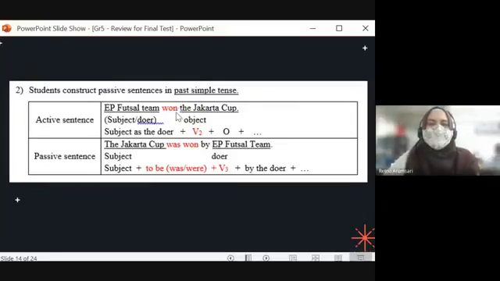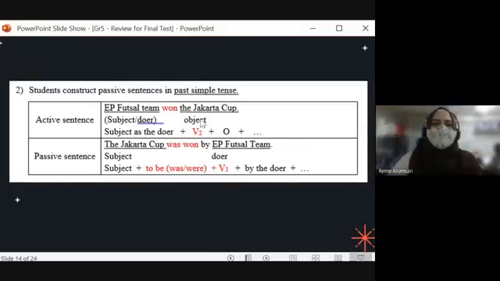Because you see a verb two, you need to choose between was or were for the to be. As usual, you need to find the object, put the object at the beginning of the sentence in the passive sentence, and then followed by a to be.